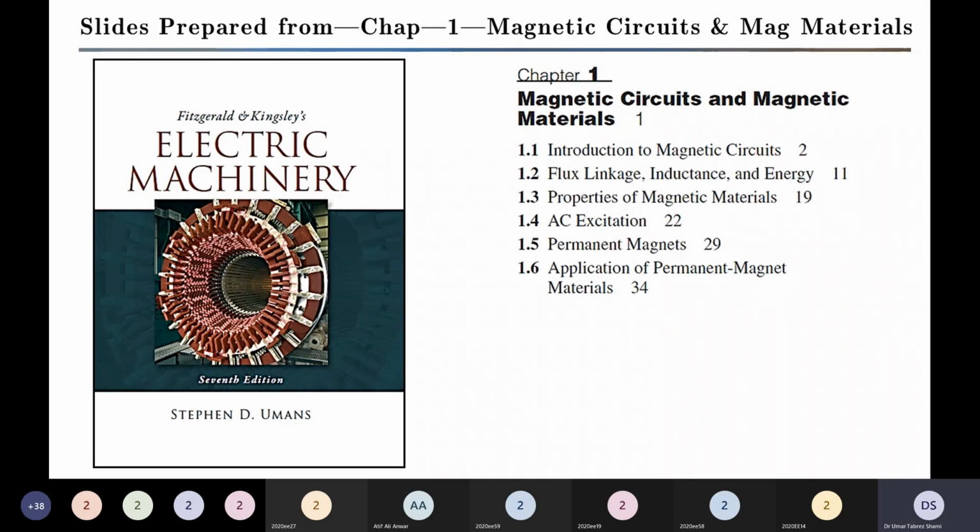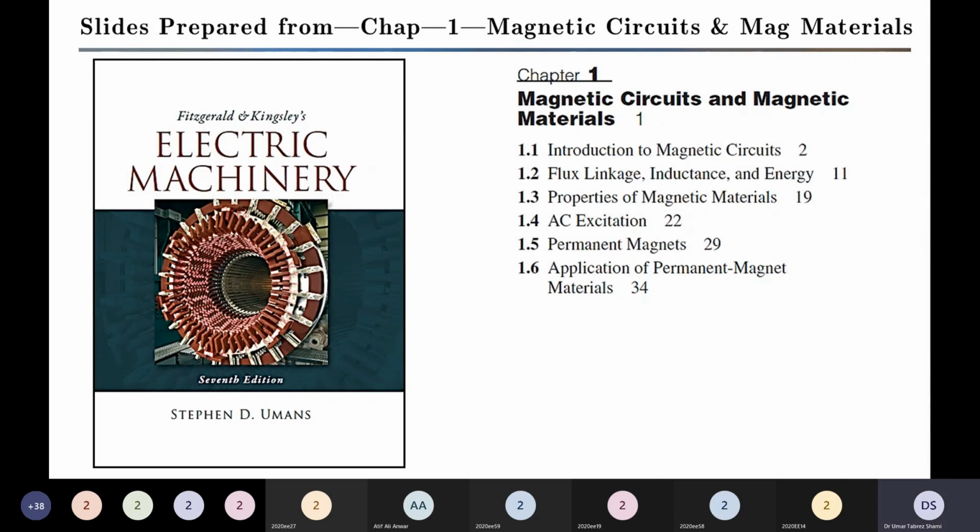All of the slides that will be shown in this class have been made from the same book. We are going to start with chapter number 1, titled Magnetic Circuits and Magnetic Materials.